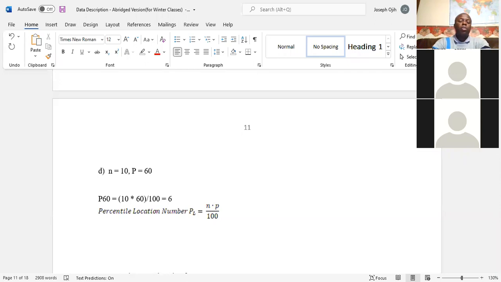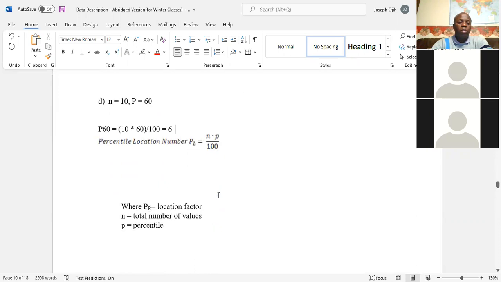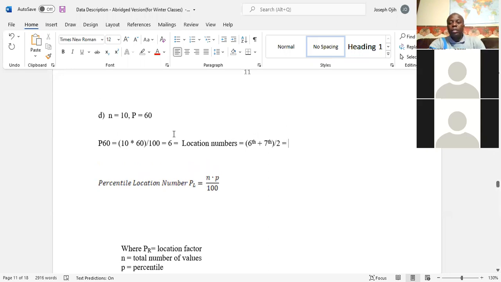Which means that the location number will be equal to the 6th number plus the 7th number, divided by 2. You can see the difference.